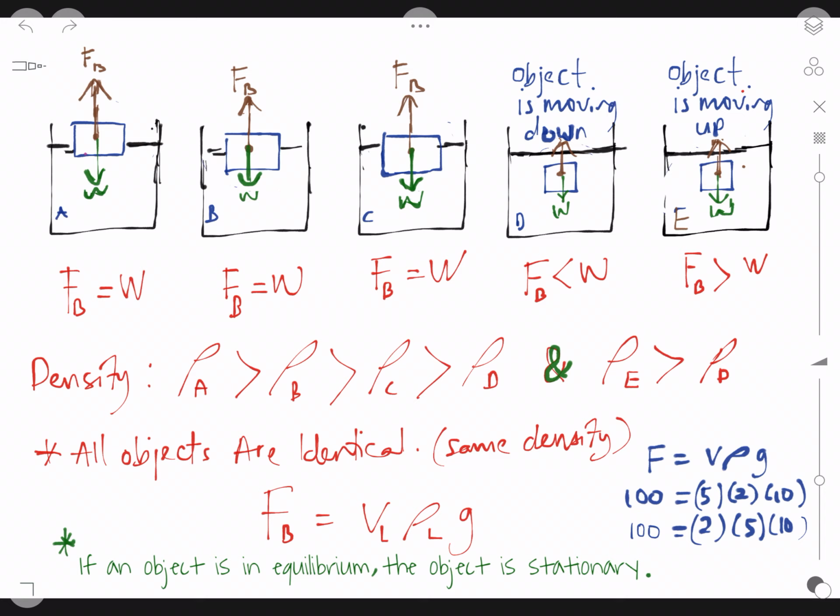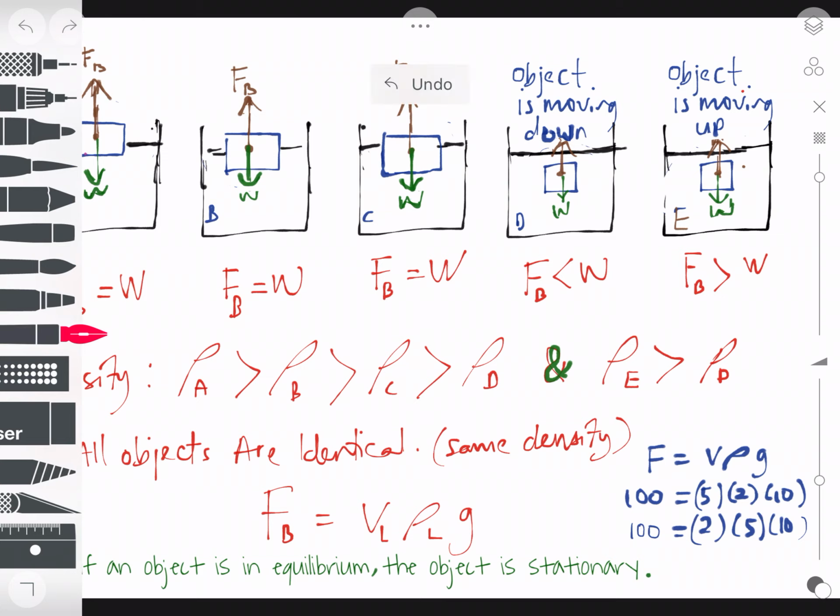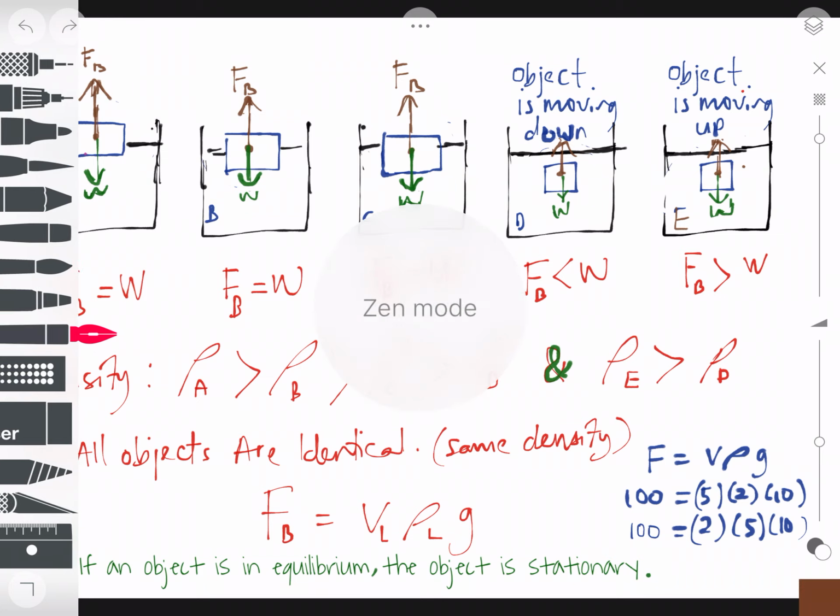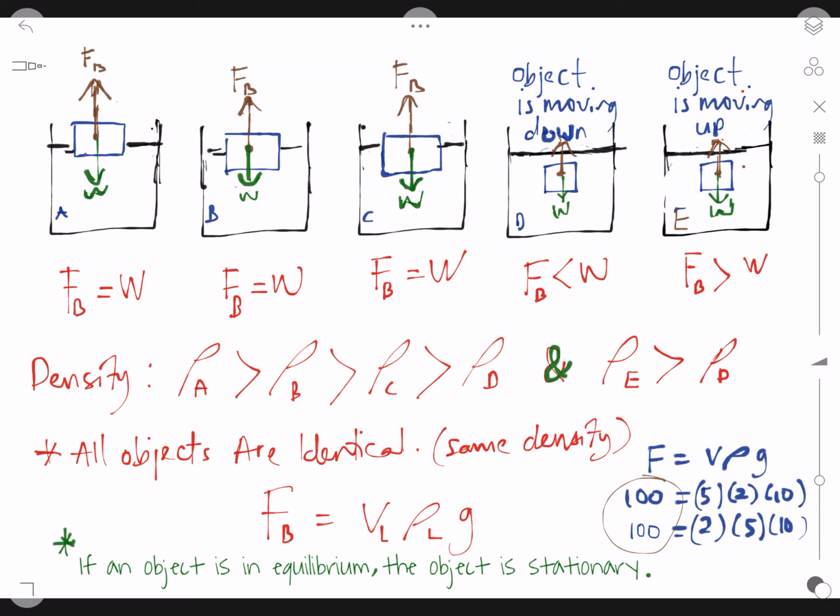So the volume is less for A, but the density should be higher. When we have less volume submerged under water, the density needs to increase in order to produce the same amount of buoyant force.